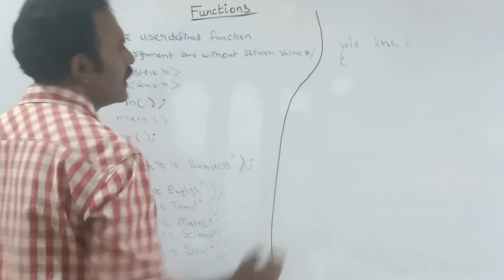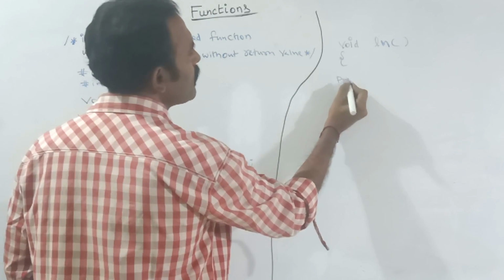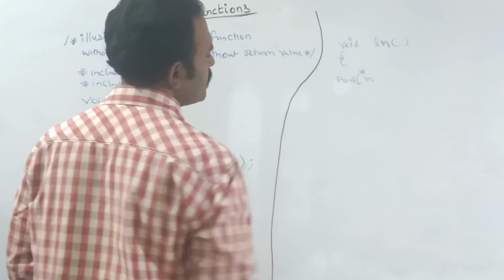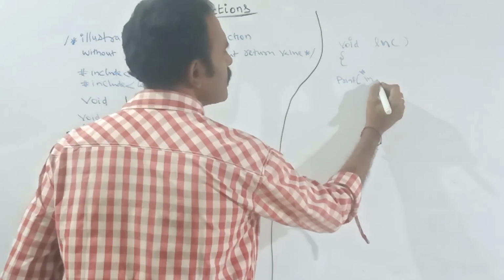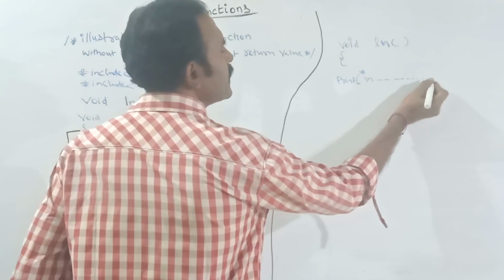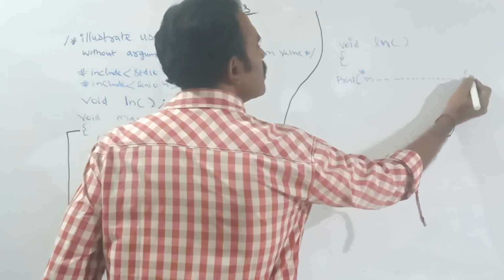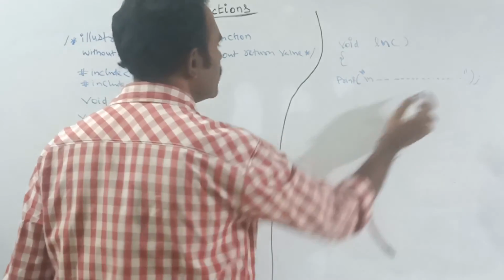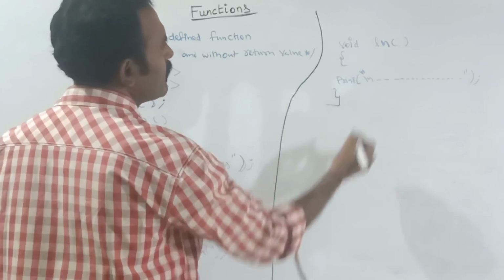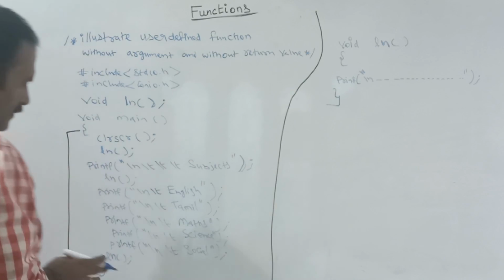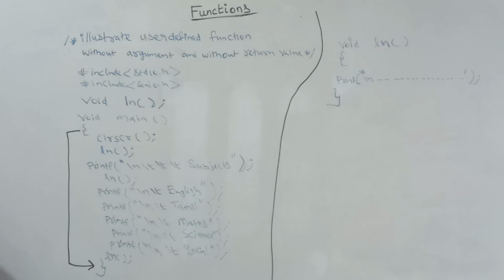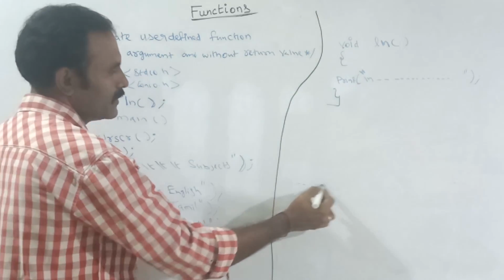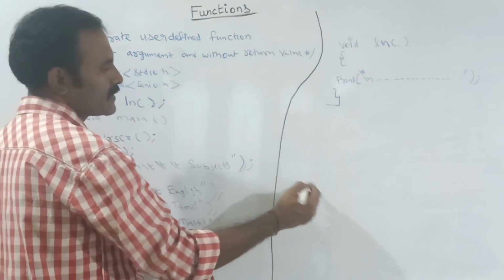Here I simply tell it to print slash n, and then you draw a hyphen, equal or dash symbol. Whatever symbol you draw here will be displayed at the function call. If you use the equal to symbol, an equal to line will be displayed. If you use the asterisk symbol, a star line will be displayed.